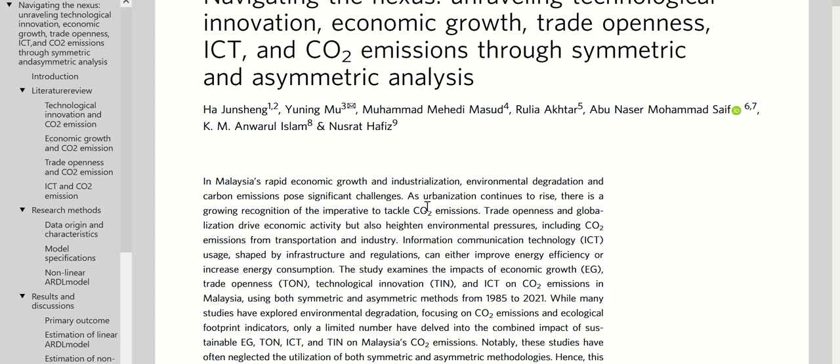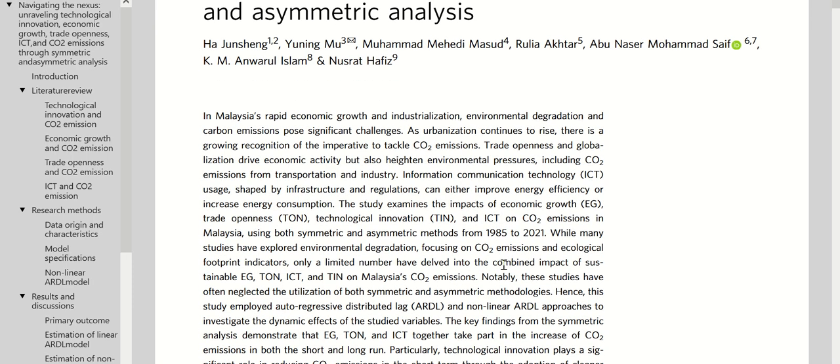Now in step 4, understand the methodology. The abstract explains the methodology in this one section. Notably, these studies have often neglected the utilization of both symmetric and asymmetric methodologies.